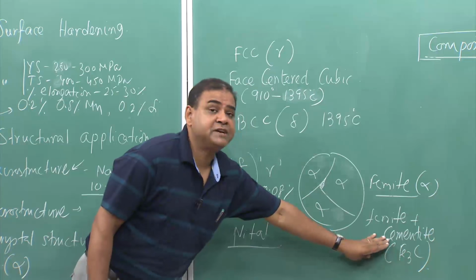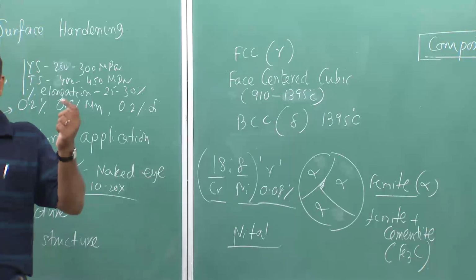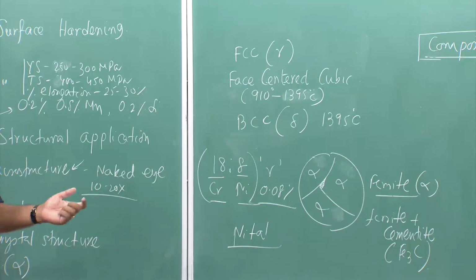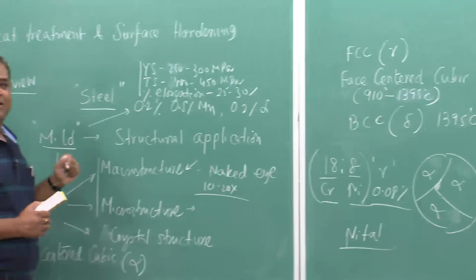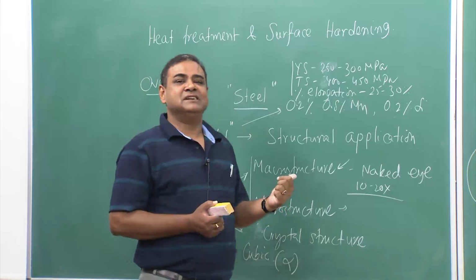Because of this cementite presence, the cementite is a very hard phase, and its strength increases. Whenever strength increases, it means yield strength and tensile strength both increase compared to a lower carbon steel.